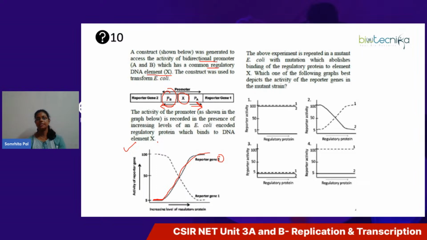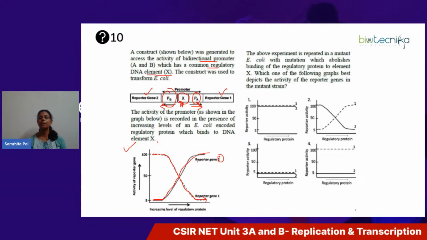Okay, PB is upregulating this particular gene 2. But for your promoter A, when the level of the regulatory protein is increasing, the basal transcription level is getting down. So that means you're suppressing it. You're down regulating the activity of this gene 1.